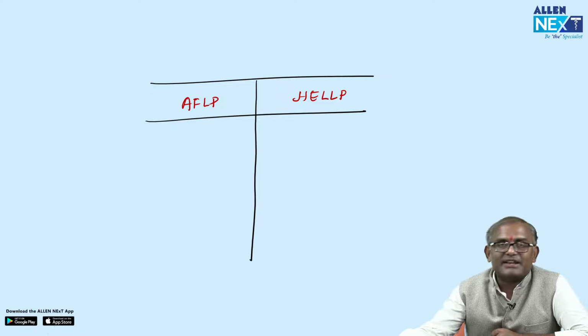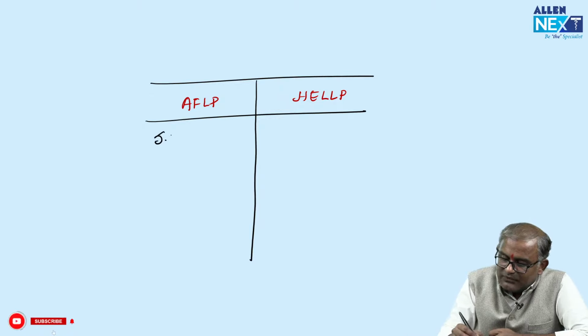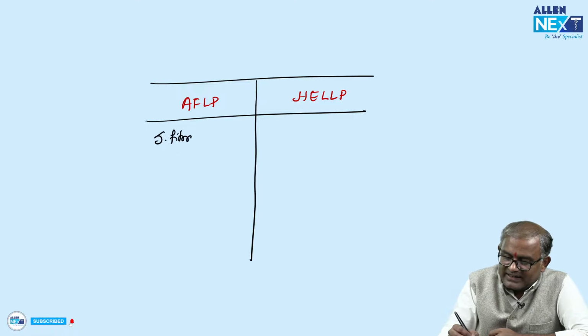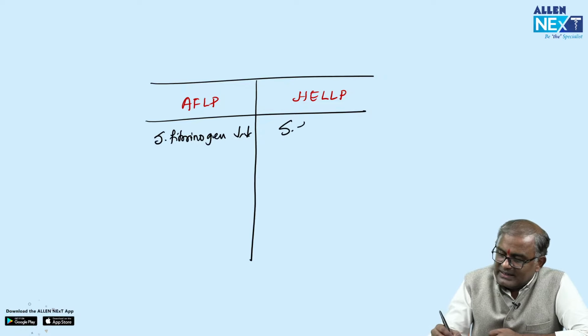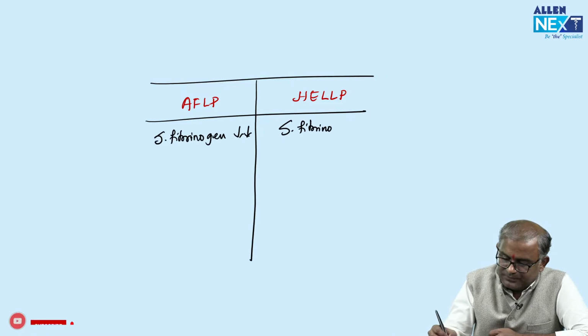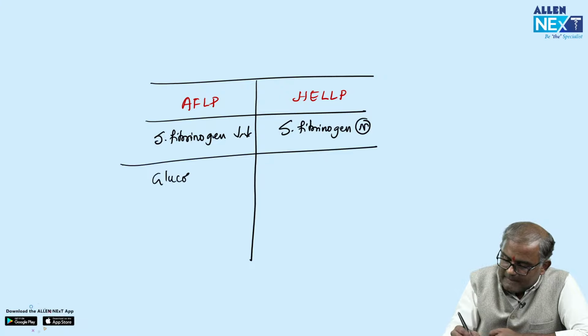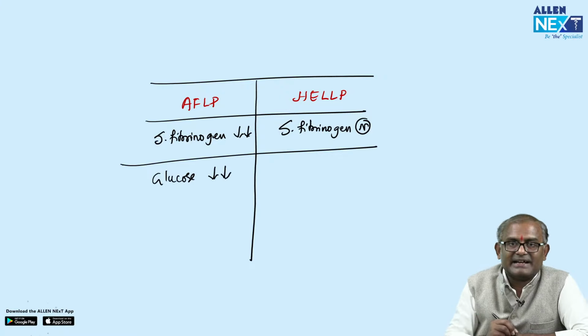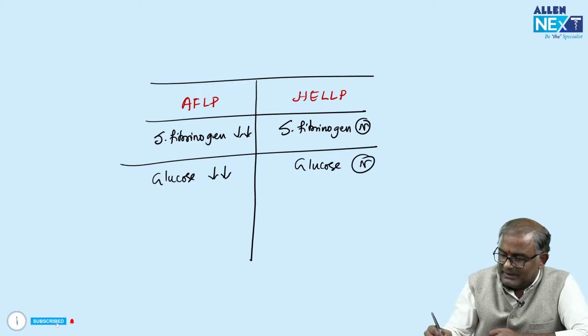In acute fatty liver of pregnancy, serum fibrinogen, a clotting factor, will be decreased, hypofibrinogenemia. In HELLP, serum fibrinogen level will be normal. In AFLP your glucose level is decreased; in HELLP your glucose level will be normal.